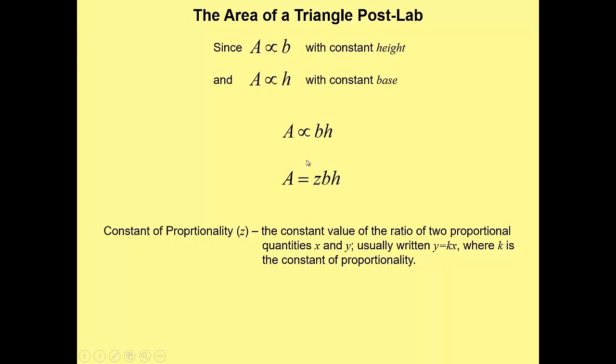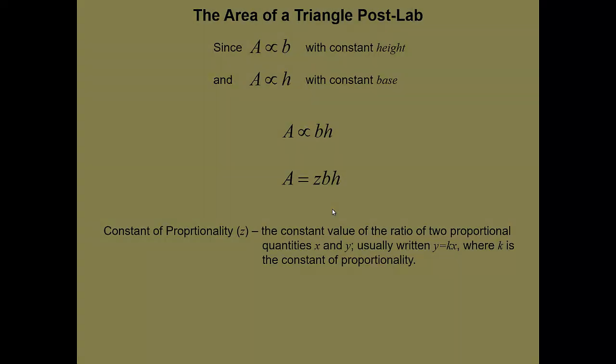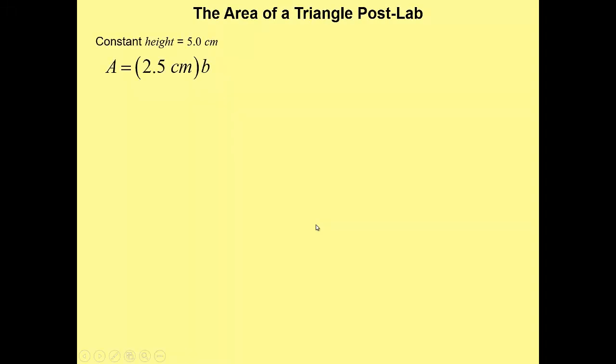So if this is our constant, we don't know what it is. The question now is, what is it? What number do I throw in there, may or may not have units, that turns this into an equation? Well, thankfully, we have not one, not two, but 3 equations we've now created during this lab.